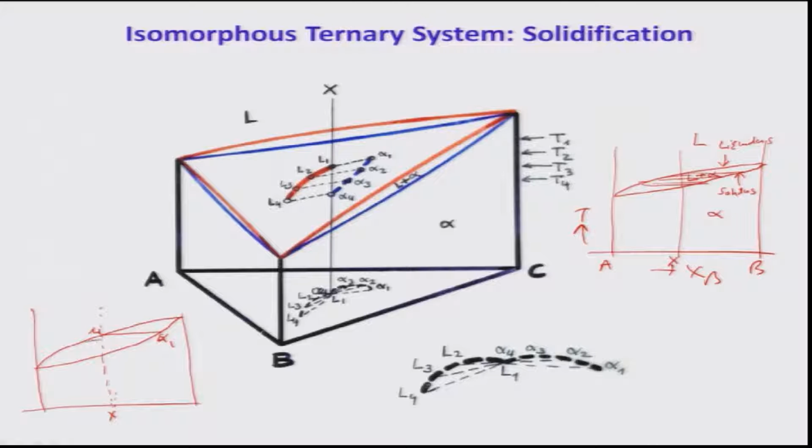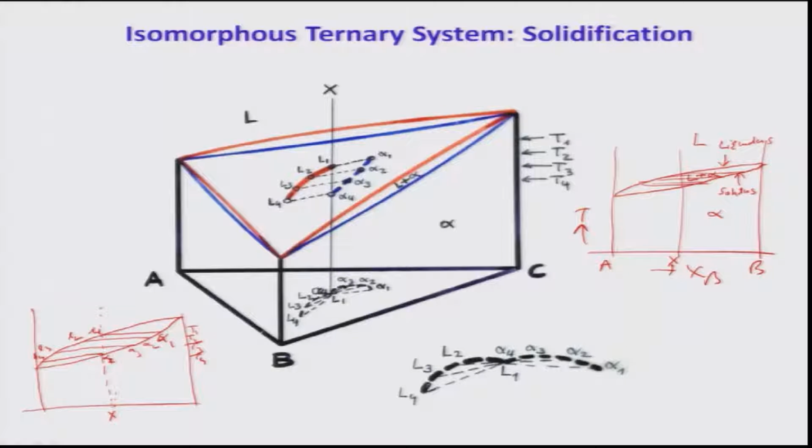At the next temperature, suppose T2, with T1 being the first, the solid will have the composition alpha 2 and the liquid will have the composition L2, correct. Similarly, I can draw at T3, alpha 3, L3, and finish at T4, alpha 4, L4, correct. So, this is how the whole thing is done.